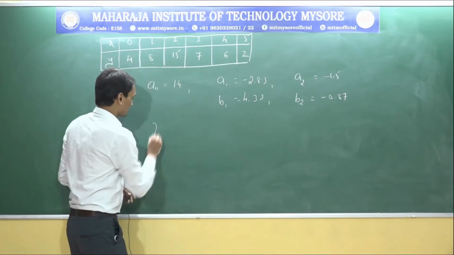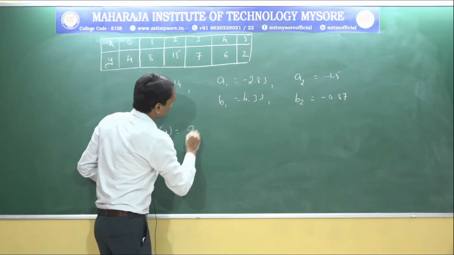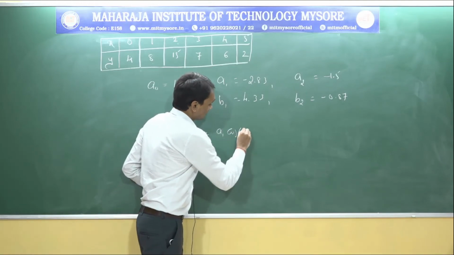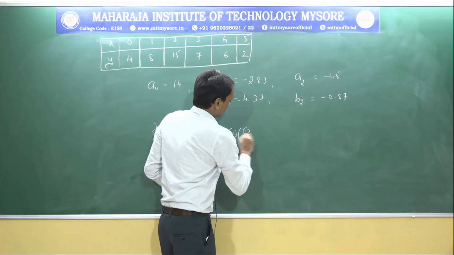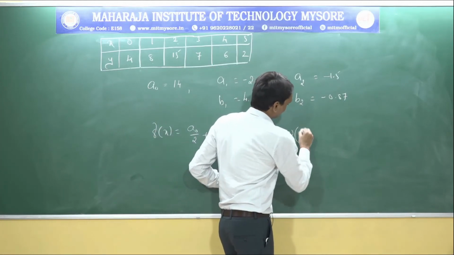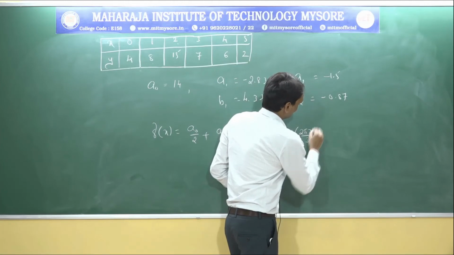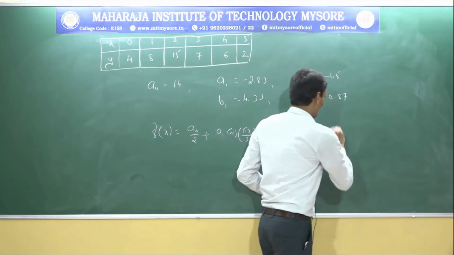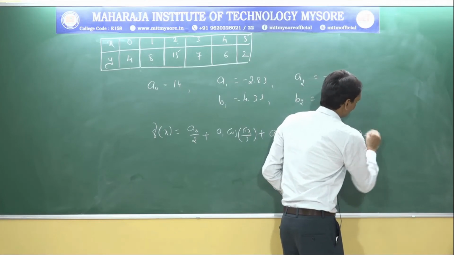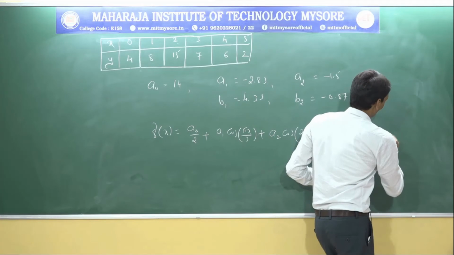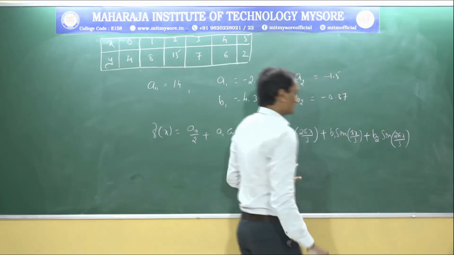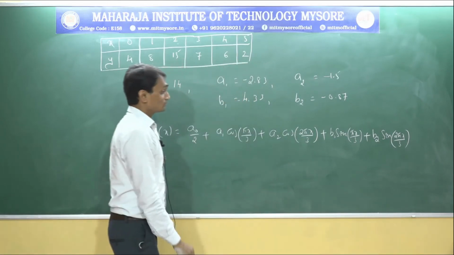Now I will write the general formula first. f of x equal to A0 by 2 plus A1 into cos pi x by 3 plus A2 into cos 2 pi x by 3 plus B1 into sin pi x by 3 plus B2 into sin 2 pi x by 3. Just replace all the values, A0, A1, B1 and B2.